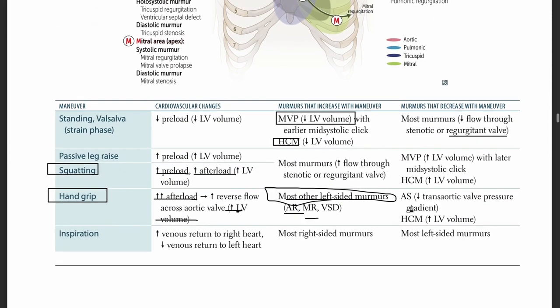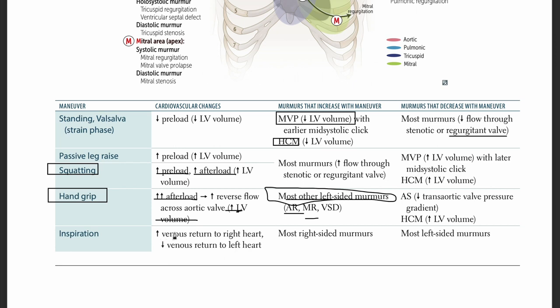Okay. Then you have atrial septal defect, aortic stenosis. That decreases because of this hand grip, so you won't hear it because again, there won't be enough pressure to make the sound or whatever. And then you have hypertrophic cardiomyopathy for both of these things on this side.